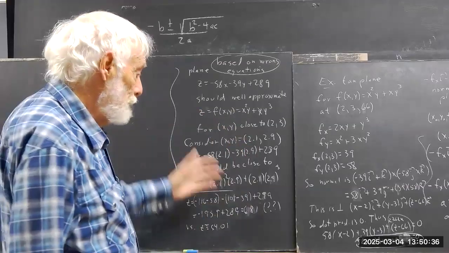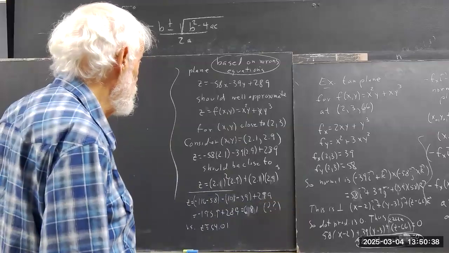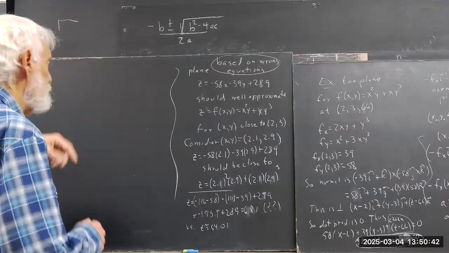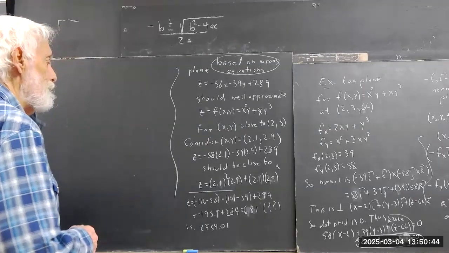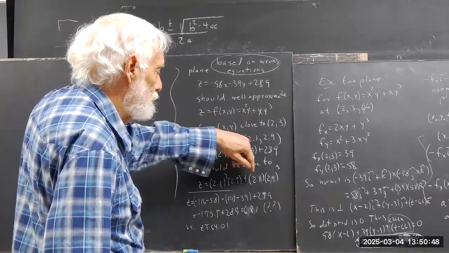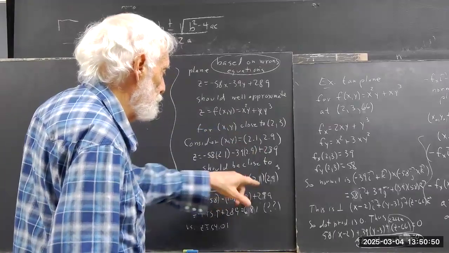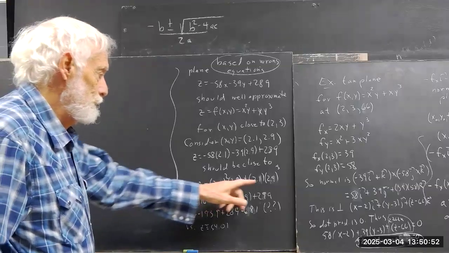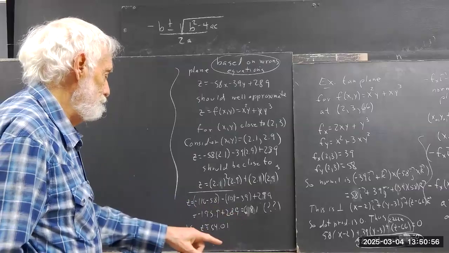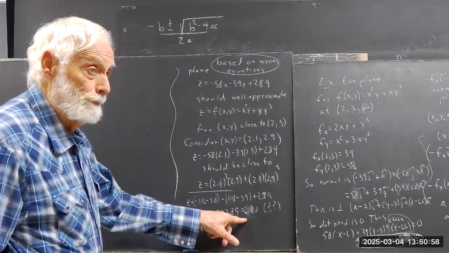Okay. This is based on the equation I originally had, where this was x squared y plus xy squared, and they're 2, 3. Okay. Plug those things in, and you're still going to get this, I think.